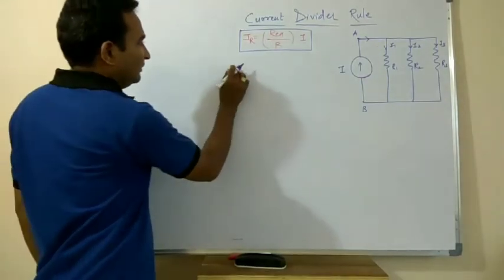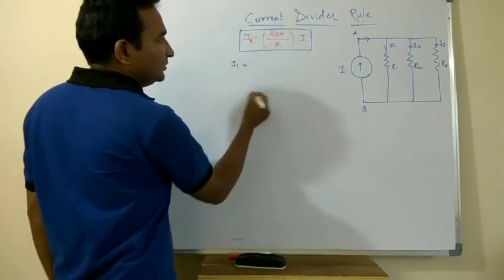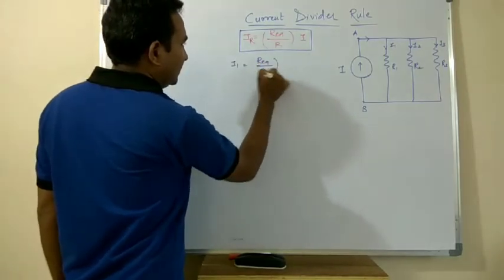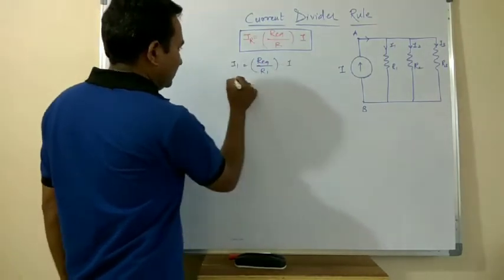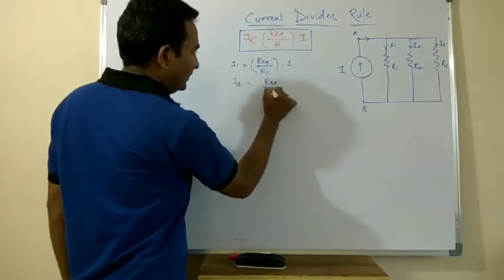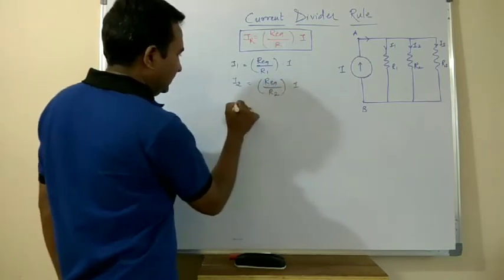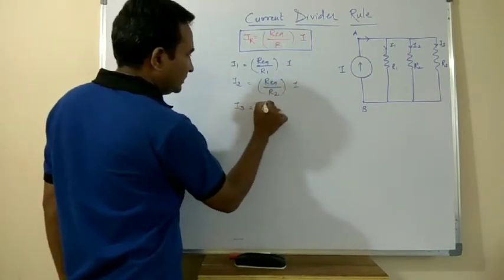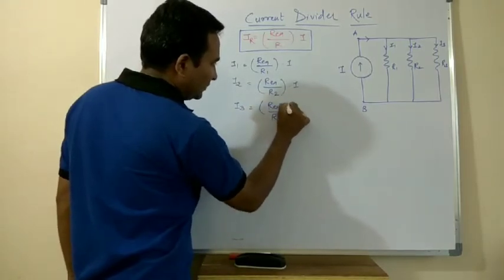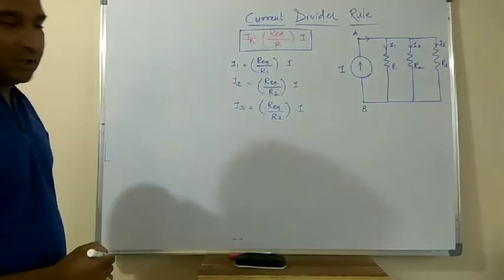So we can write, with the help of the current divider rule, I1 is equal to R equivalent divided by R1 into I. I2 is equal to R equivalent divided by R2 into I, and I3 is equal to R equivalent divided by R3 into I.